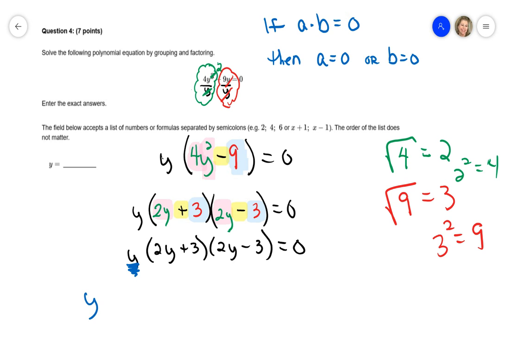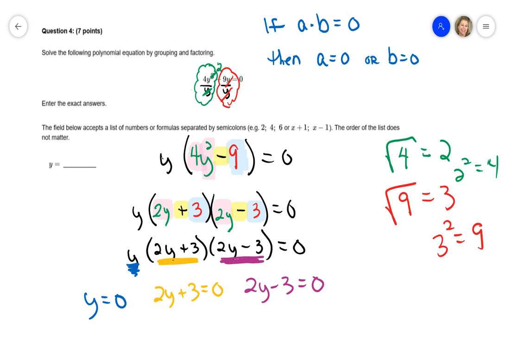Either the y is equal to 0, or the 2y plus 3 is equal to 0, or the 2y minus 3 is equal to 0, because you've got three things multiplied together.